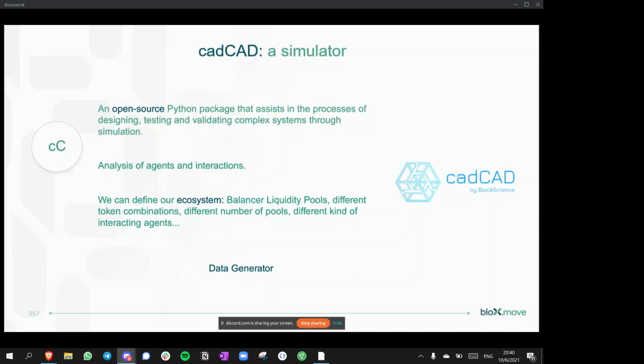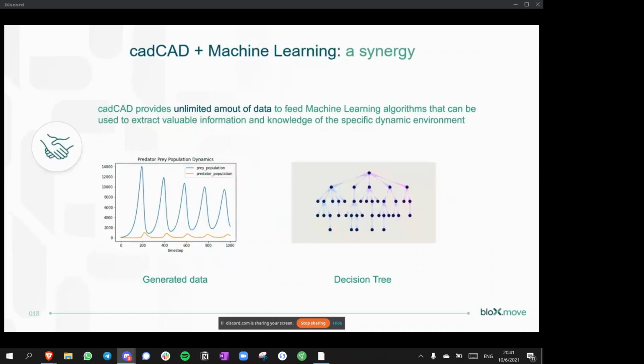I've been saying throughout my presentation that the most important thing when we're talking about artificial intelligence or machine learning is data. And not only good data, but also big enough amounts of data, which in reality is a problem. Having something that allows you to generate this synthetic data in unlimited amounts is really helpful.